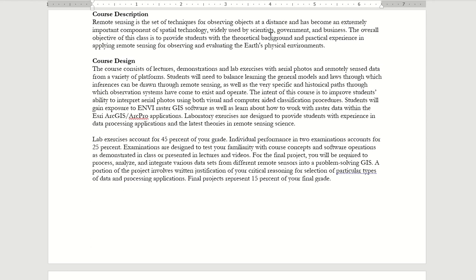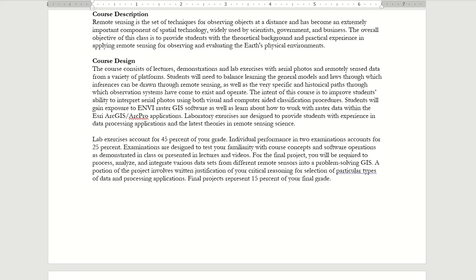Basic course description, the premise here: remote sensing is a set of techniques for observing objects at a distance. It's become an extremely important component of spatial technology, widely used by scientists, governments, and business. The overall objective of the class is to provide students with a theoretical background as well as practical experience in applying remote sensing for observing and evaluating the Earth's physical environments.